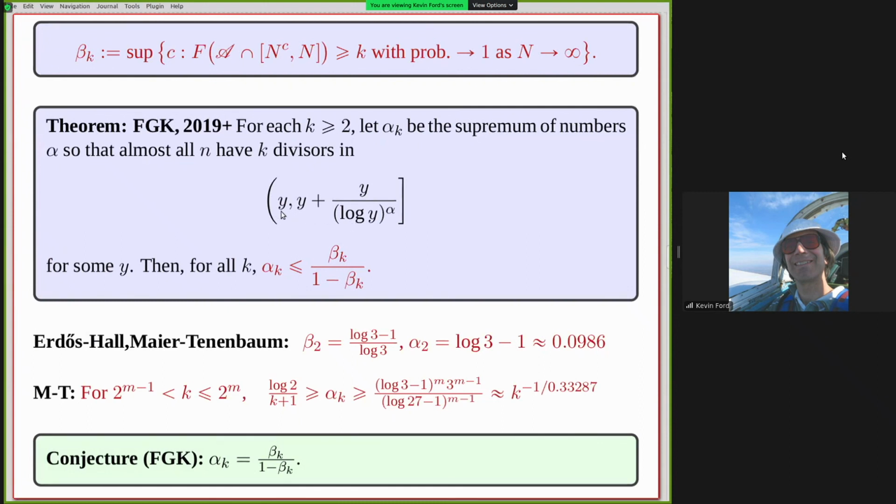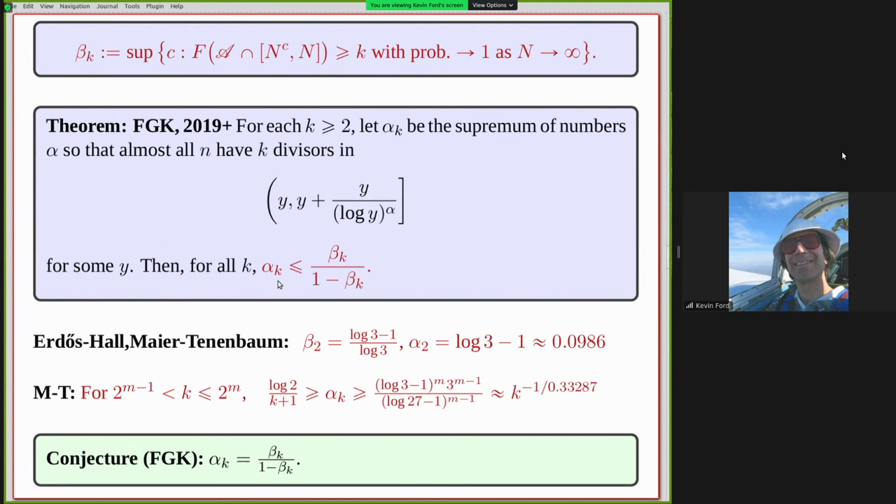So this is much shorter than dyadic. It corresponds to the problem of maximizing the constant alpha so that with high probability, a random integer will have k divisors in such an interval for some y. So one of the theorems we prove is that there's an upper bound on alpha k. Again, we want to make alpha as large as possible here.